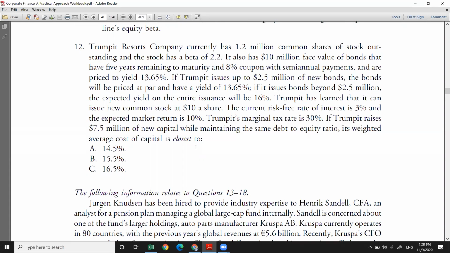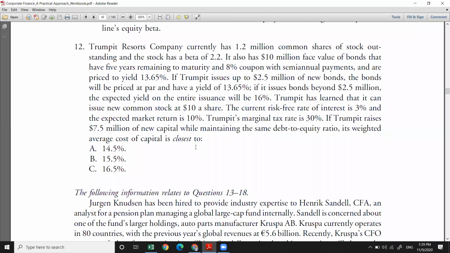It also has 10 million of face value of bonds that have 5 years remaining maturity and an 8% coupon with semi-annual payment, priced at a yield of 13.65%. If Trumpet issues up to 2.5 million of new bonds, the bonds will be priced at par and have a yield of 3.65%. If it issues bonds beyond the 2.5 million, the expected yield on the entire issuance will be 16%.